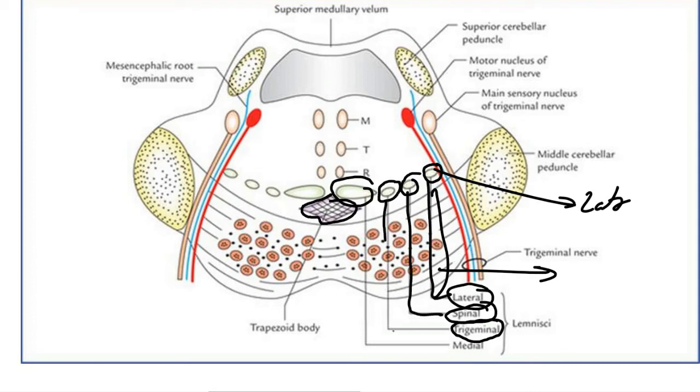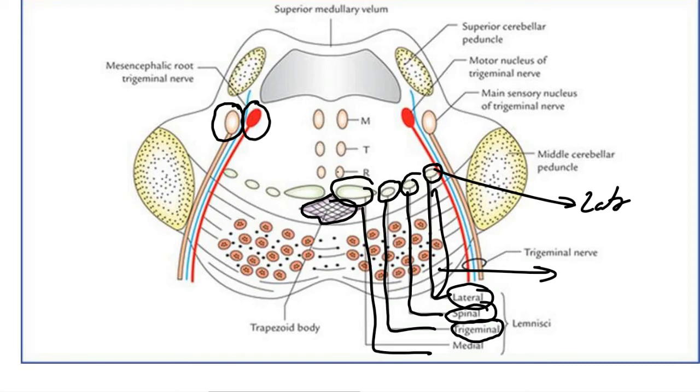spinal lemniscus, and the trigeminal lemniscus. So guys, as I said, for the trigeminal nerve the main motor and sensory nuclei are present in the pons. This is your main sensory nucleus, and this in red is your main motor nucleus.